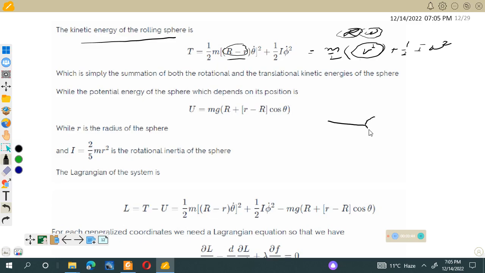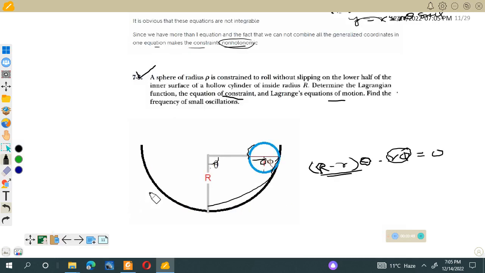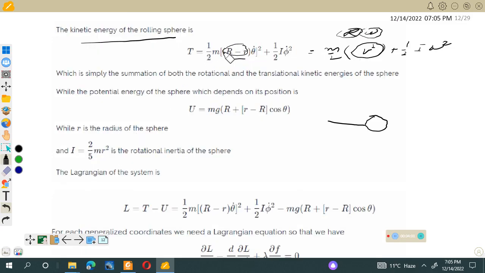So the kinetic energy is m over 2 v squared, which is (R minus r) into theta dot, squared, plus 1 by 2 I phi dot squared, where omega is phi dot.